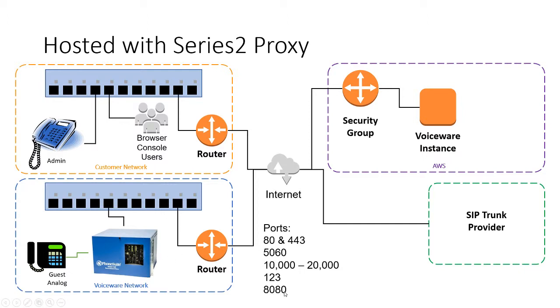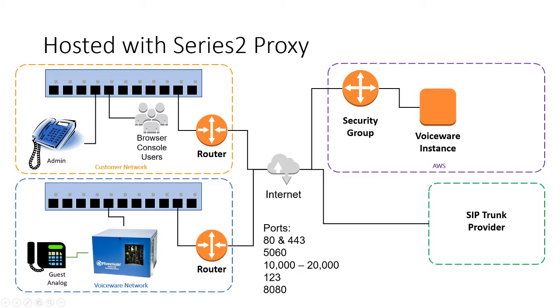And then port 8080. This is the first time we've seen this, and it's a port used for the property management system interface. One thing not pictured here, because I ran out of room, is the property management system. You can connect that via a serial cable to this gateway.